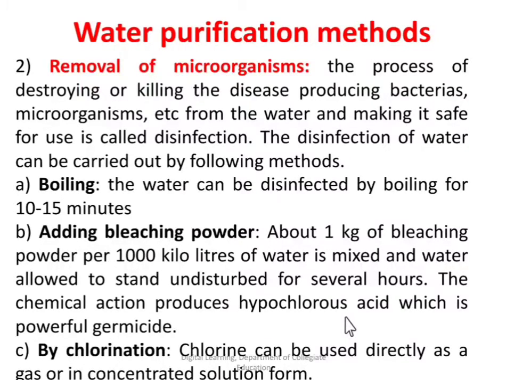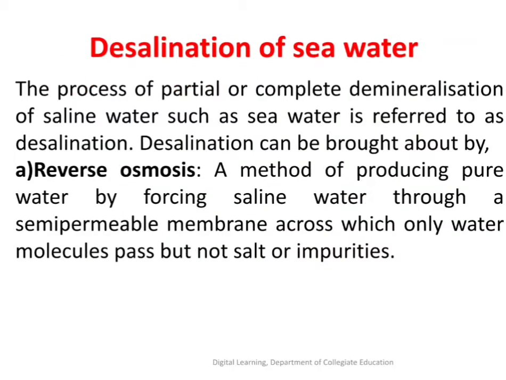The chemical action produces hypochlorous acid, which is a powerful germicide and kills the harmful microorganisms. Next is chlorination. Chlorine can be used directly as a gas or in concentrated solution form. Here also it kills the microorganisms.